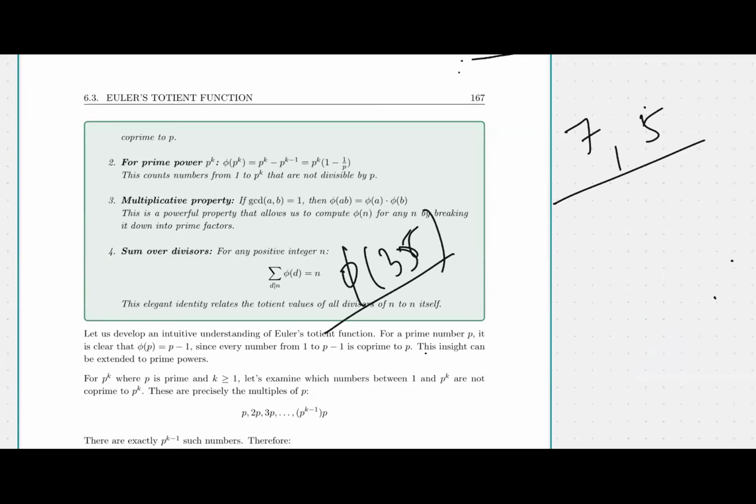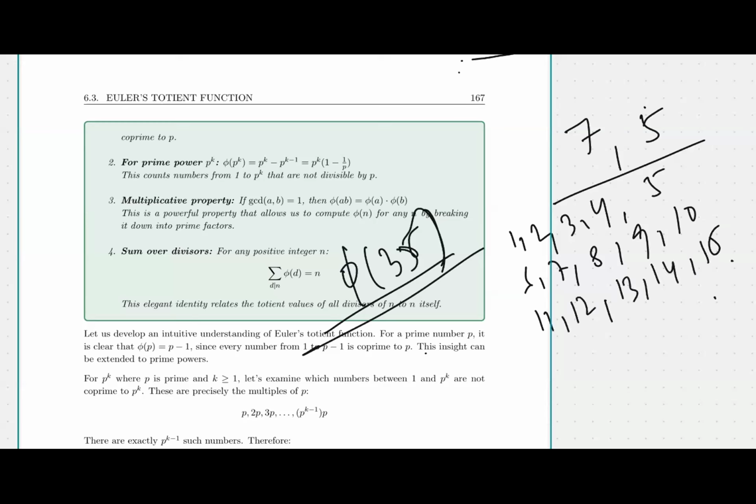So let's look at this: 1, 2, 3, 4, 5, 6, 7, 8, 9, 10, 11, 12, 13, 14, 15, 16, 17, 18, 19, 20, 21, 22, 23, 24, 25, and similarly others. So obviously these numbers are not there, right?